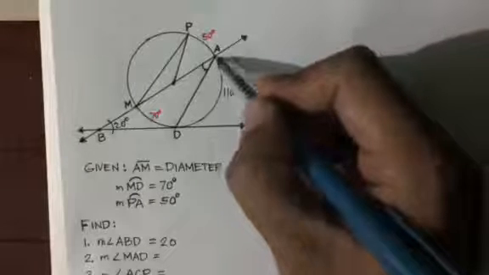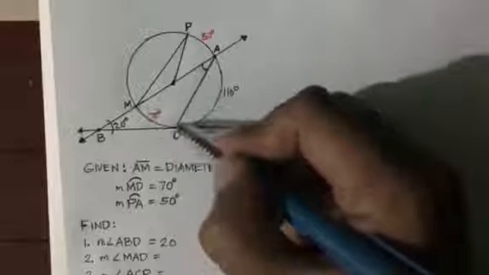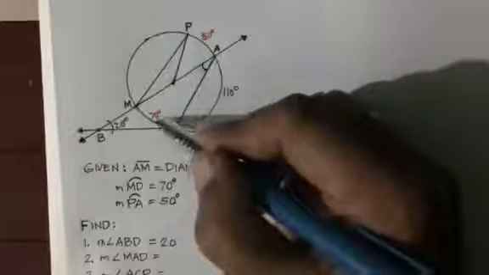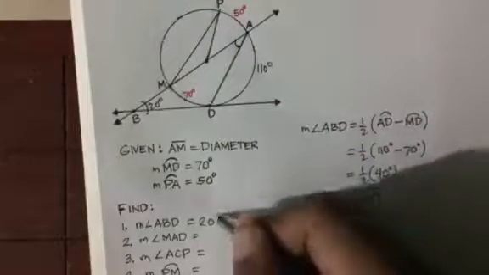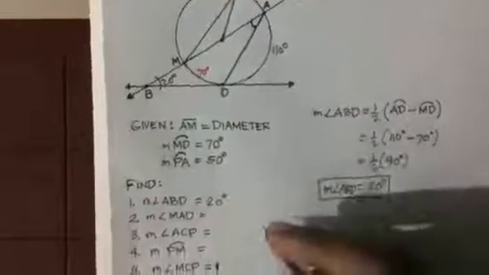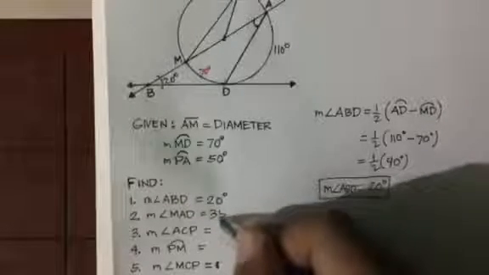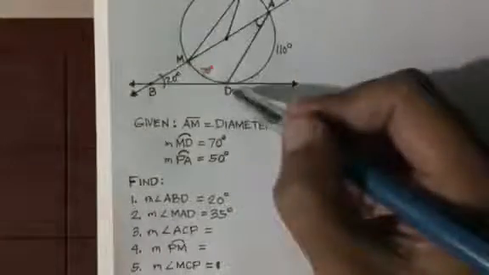An inscribed angle is 1/2 the measure of the intercepted arc. The intercepted arc is arc MD, so 1/2 of 70 degrees. So the measure of angle MAD is 35 degrees, since this is an inscribed angle.